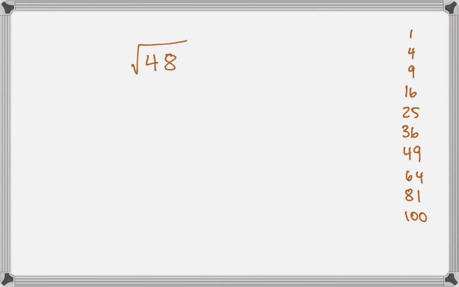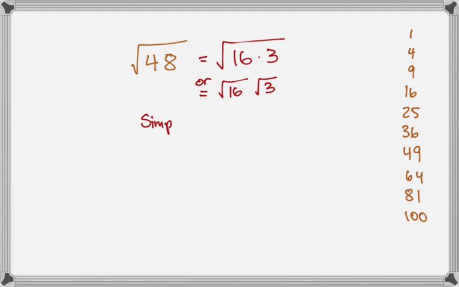Which of those numbers goes into 48? 16. So we're going to rewrite the square root of 48 into 16 times what? 3. So you can write it like that, or you can write the square root of 16 times the square root of 3. And now you need to simplify.